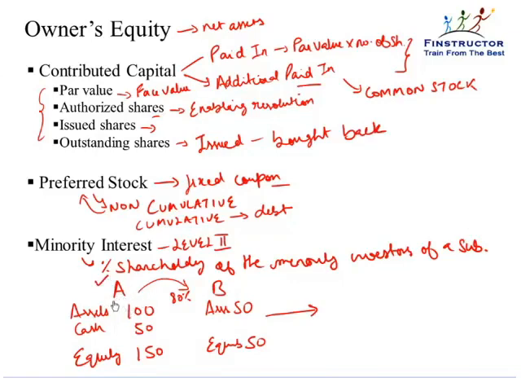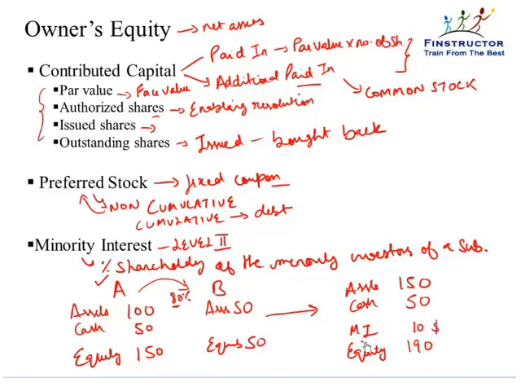That is, we will assume as though company B is 100% owned by company A, or the assets that we will depict on our balance sheet would be $150, cash of $50, equity of $190, and a minority interest of $10.